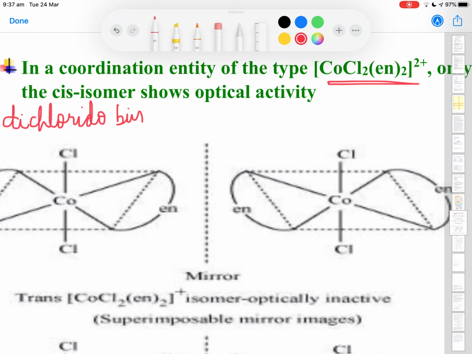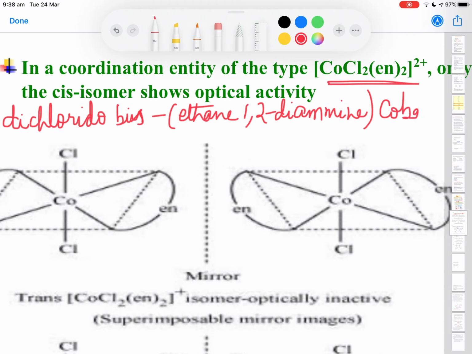So bis(ethane-1,2-diamine). So I have written it down here for you. And the metal atom is cobalt. Again, the oxidation state I need to find out. So here it's x plus Cl is -1 into 2.